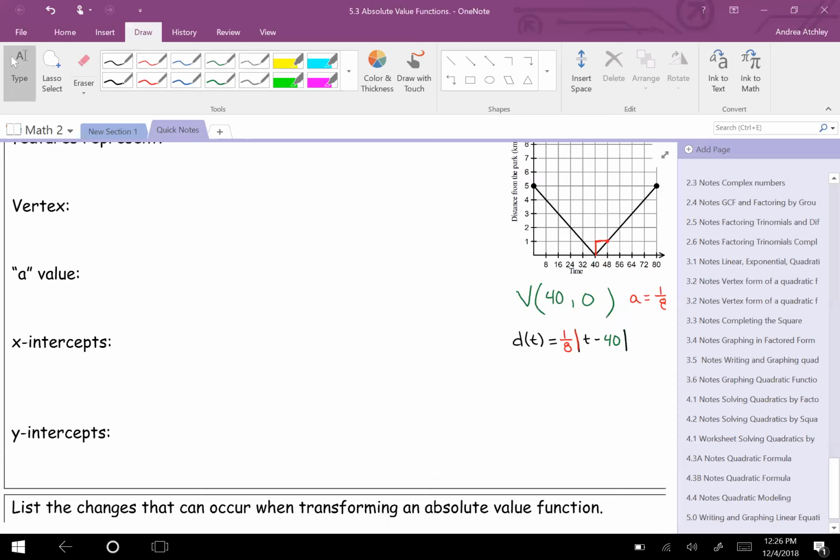It represents time. So what does the 40 represent? How long it took her to get there. Okay. The vertex is, it took her 40 minutes to get to the park.